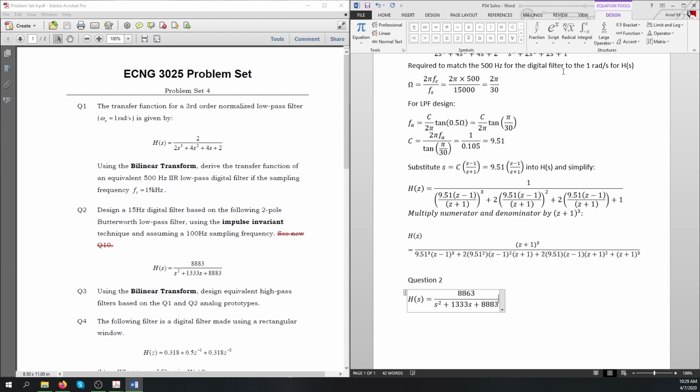Because we're doing the impulse invariant design technique, this means we actually have to do partial fractions for this. So the equivalent partial fraction for this, because I'm just going to give you the answer in the interest of time, will be 6.3 over s plus 6.3 minus 6.3 over s plus 1327.